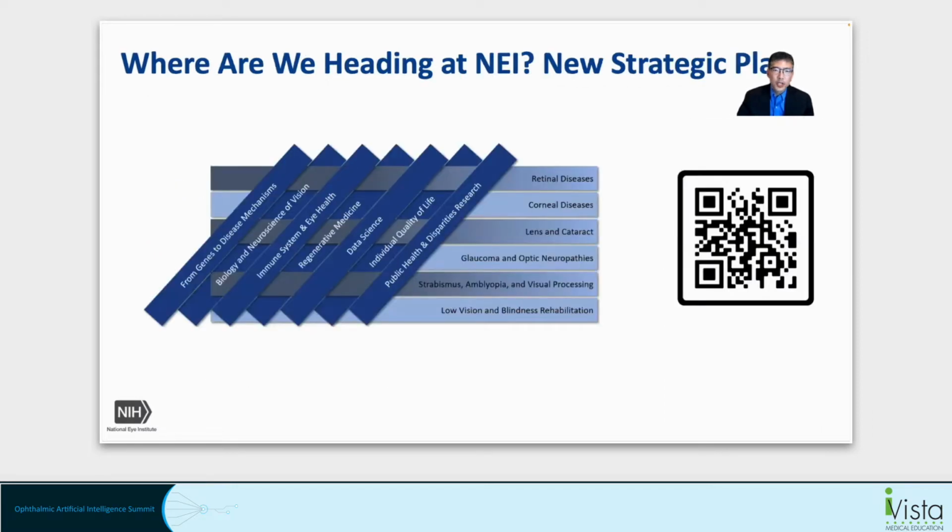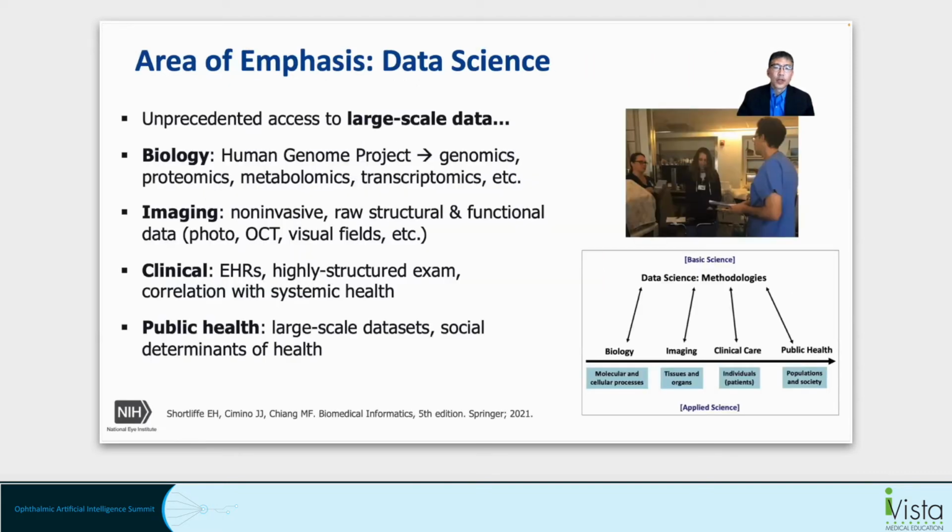And we published a new strategic plan 6 months ago. If you go to this QR code, it'll take you to that plan on the NEI's website. In short, there are 7 of what we call cross-cutting areas of emphasis, and data science is one of them. I just want to highlight a few things that are relevant to this meeting. The reason that this is one of our areas of emphasis is that there is just unprecedented access to large-scale data, and that really helps define 21st century science.